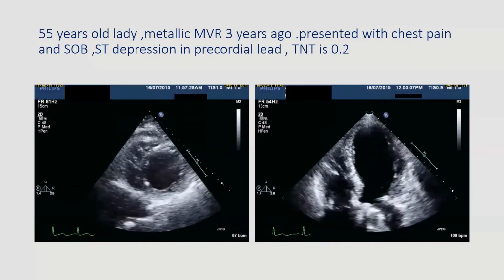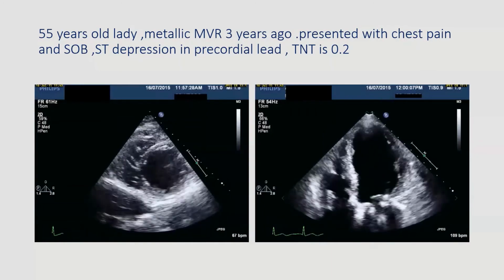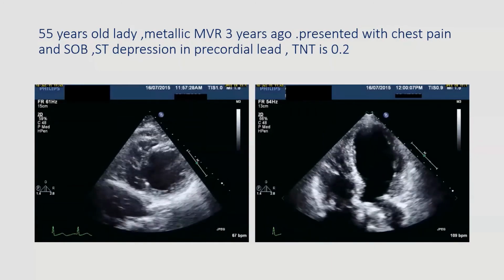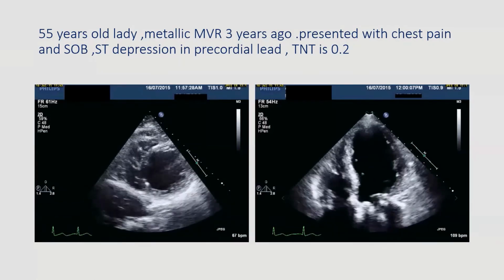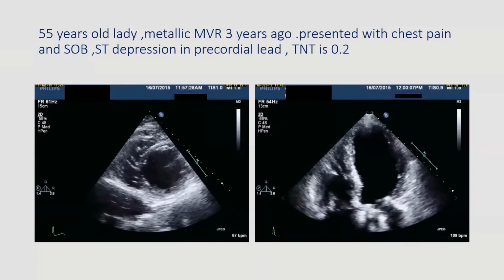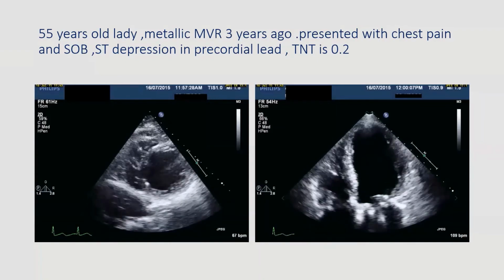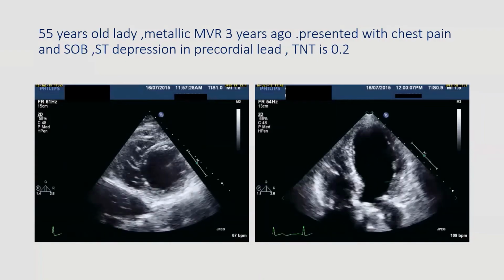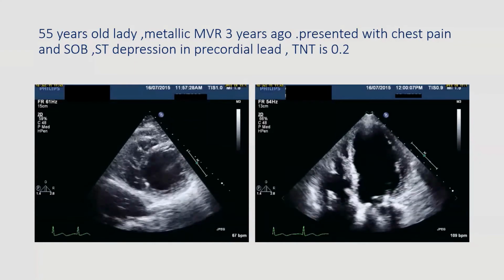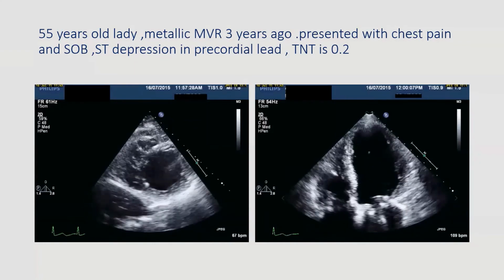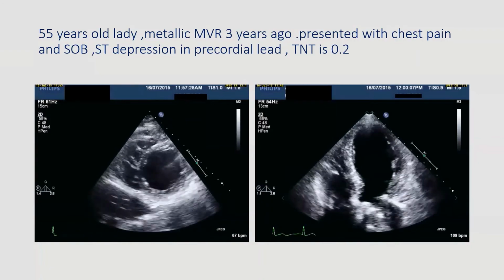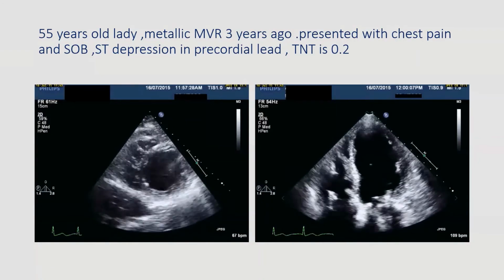So shall I stop and say, that's it, I confirmed Takotsubo? I don't know, but I took her to cath, even though the probability of Takotsubo is really high after nearly normalizing echo next morning. But because I don't know what to do here, I took her to cath lab and normal coronaries.